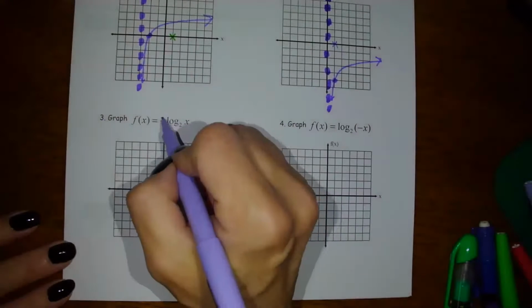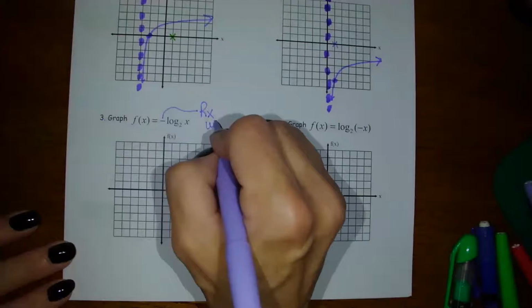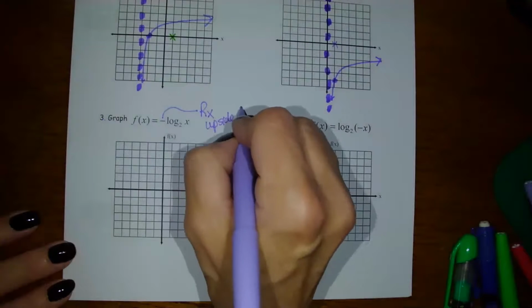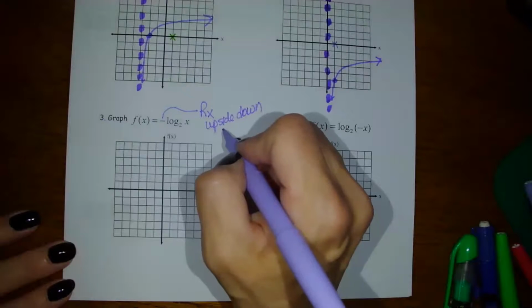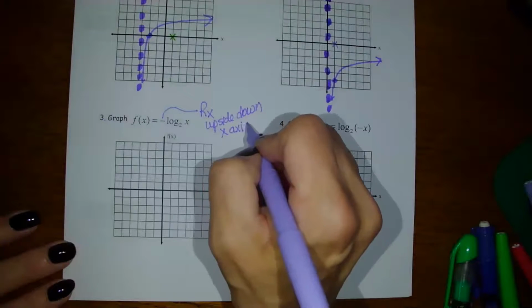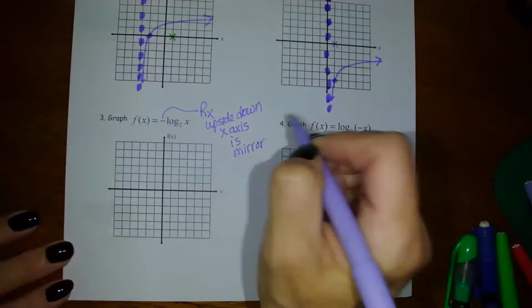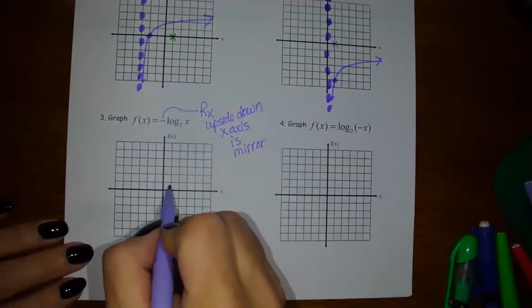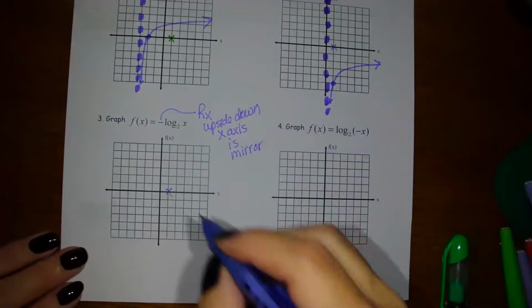This one again, that's a reflection in the x-axis, so it's upside down. Or you can think of x-axis is mirror, right? So we're supposed to start right here, right?